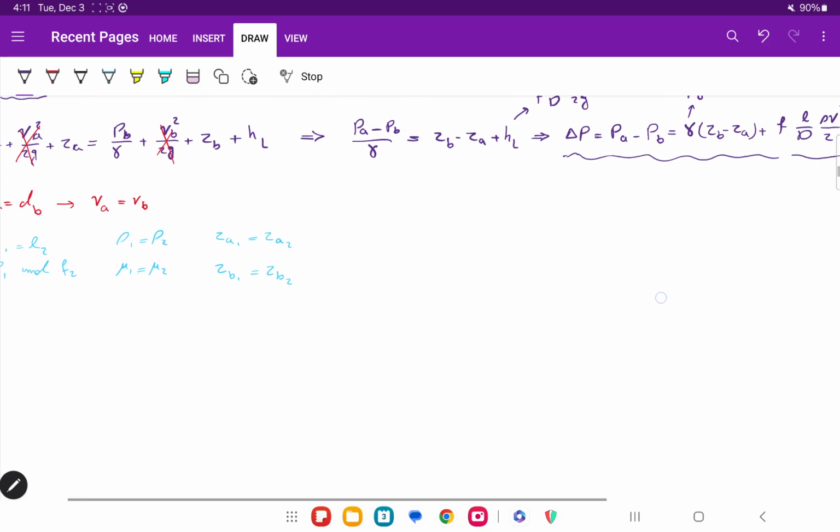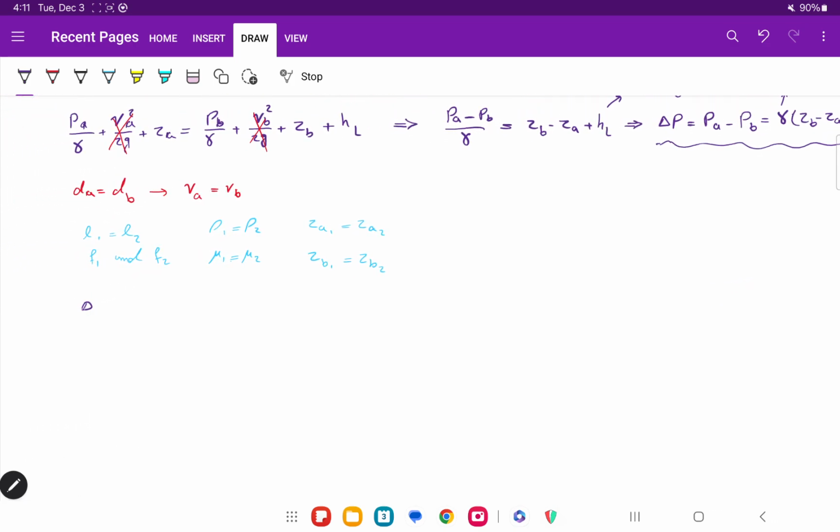So for delta P1, we will have gamma, which is fixed, ZB1 minus ZA1 plus F1 L over D1 rho V1 square over 2.